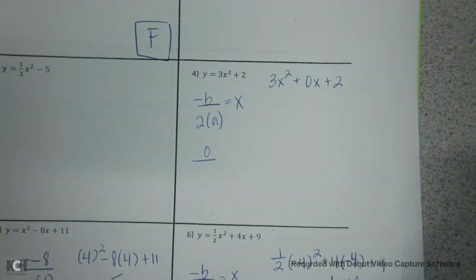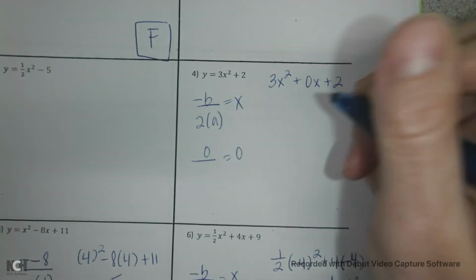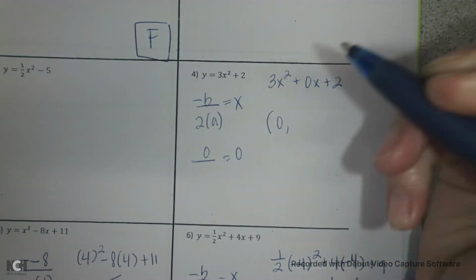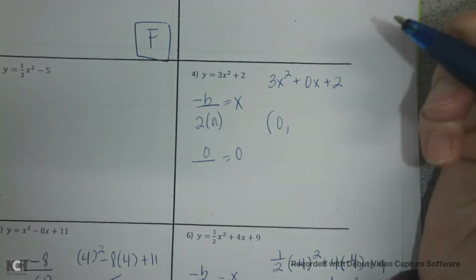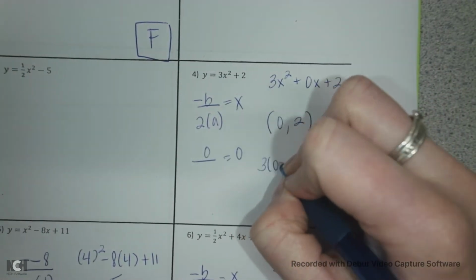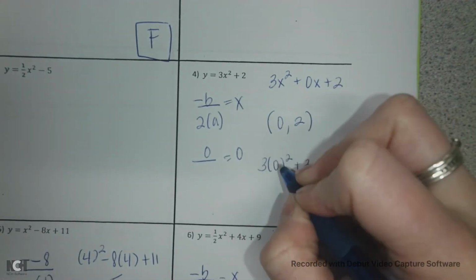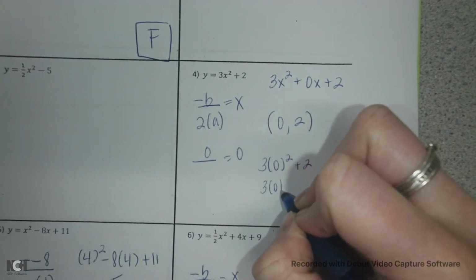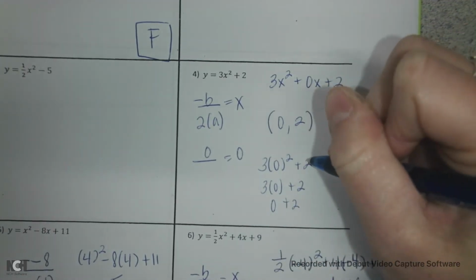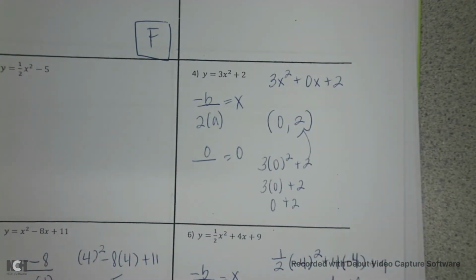Well, 0 over anything is 0. So this has a vertex at 0. And then for the y value, it's going to be 2. Because if I have 3 times 0 squared plus 2, 0 squared is 0, 3 times 0 is 0, plus 2 is just my 2. So my vertex is at 0, 2.